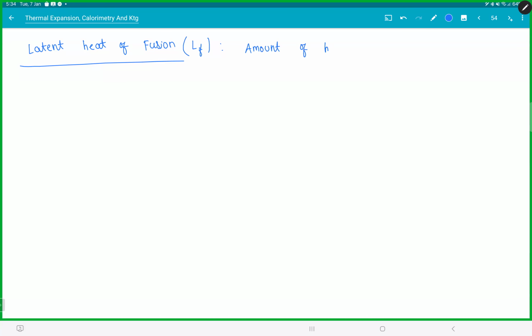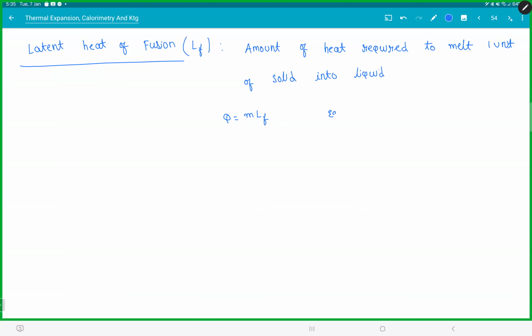This is the amount of heat required to melt 1 unit of solid into liquid. So basically, this is when the solid converts into liquid, right? We can't use m s delta T because there's no change in temperature. We use something else. So here the heat is given by Q is equal to M into LF.